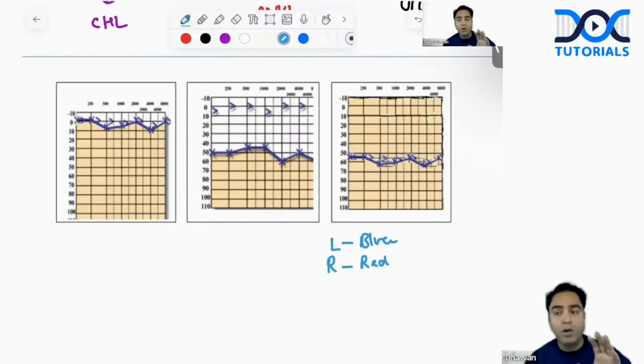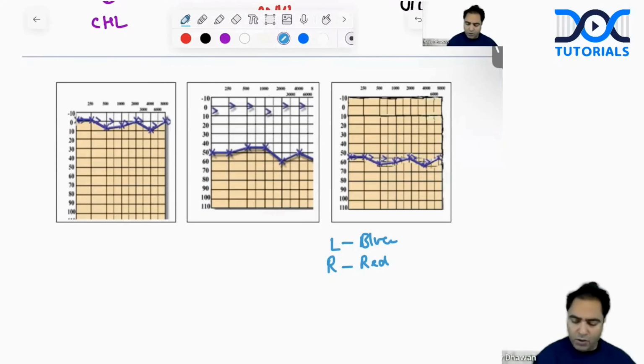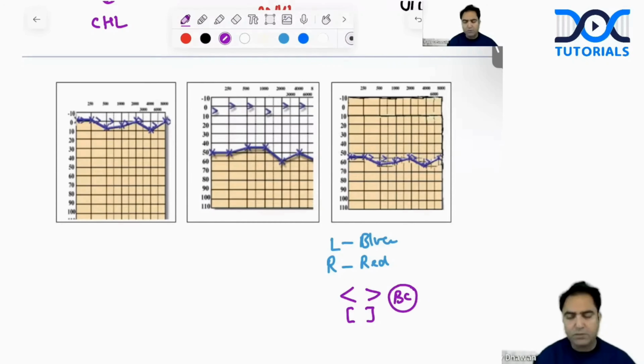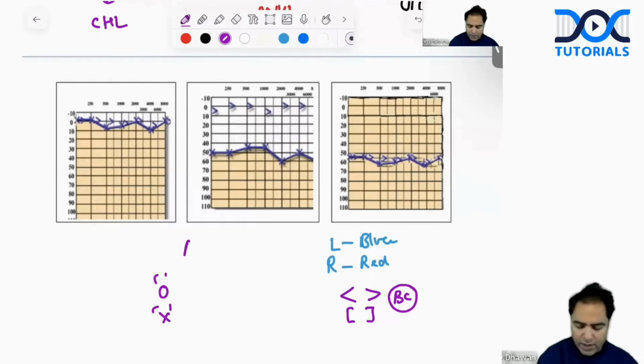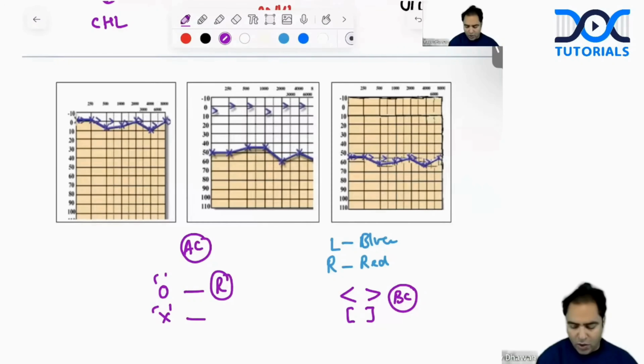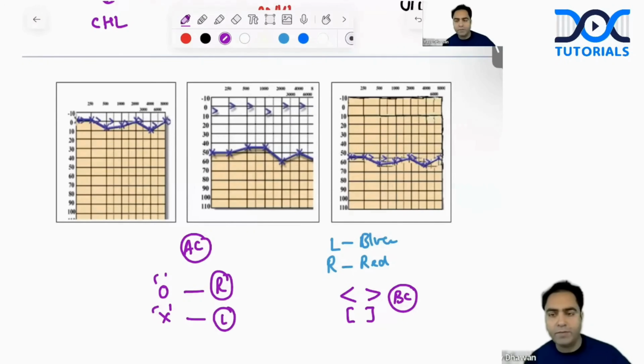These 3 audiograms are blue, so they are left ear audiograms. Any bracket-like symbol is a bone conduction symbol. Circle and cross are the air conduction symbols. Circle is the air conduction of the right ear and cross is the air conduction of the left ear.